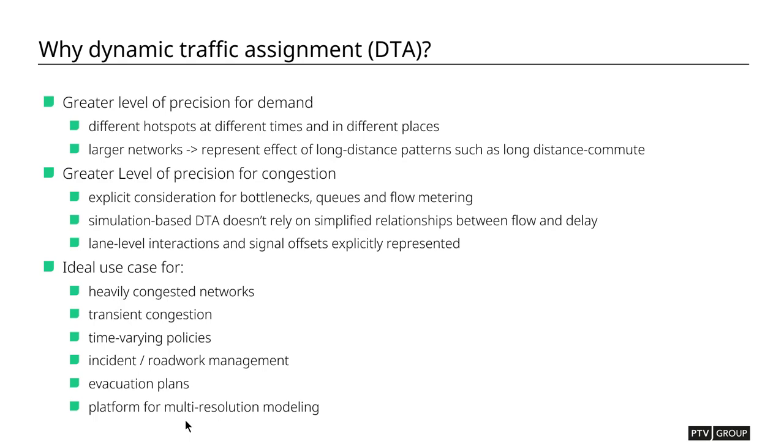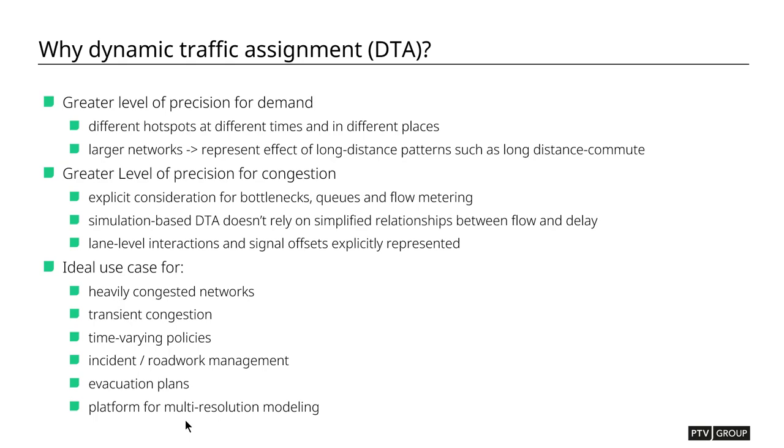So DTA has also greater precision for modeling the effects of congestion. In a dynamic model, you can see when and where bottlenecks are recurring, how queues form, and how congestion is resolved afterwards.